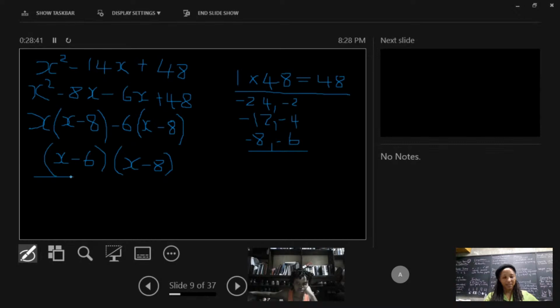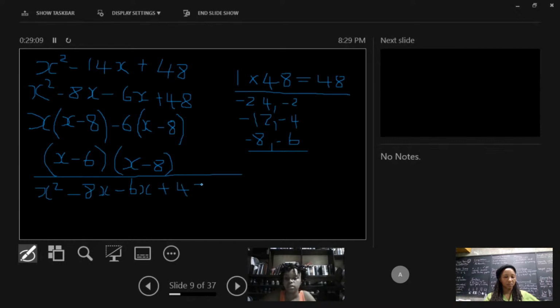All right, so you want to test it? So x times x is x squared, and x times negative 8 is negative 8x, and negative 6 times x is negative 6x, and negative 6 times negative 8 is positive 48.